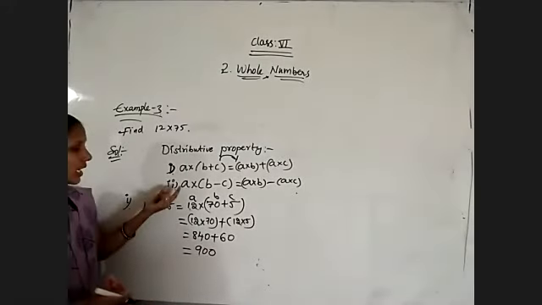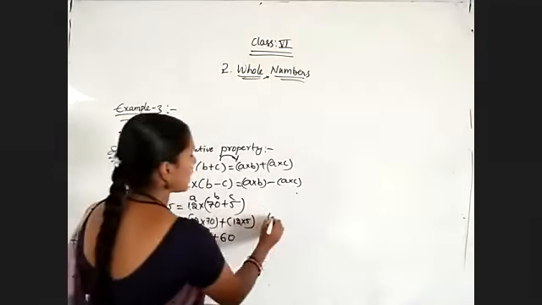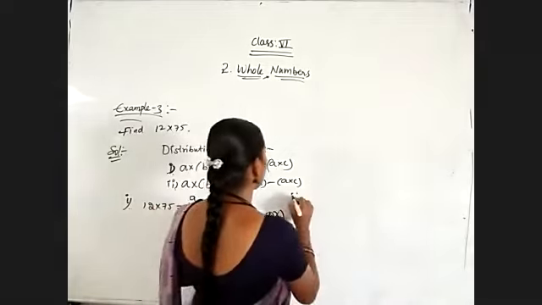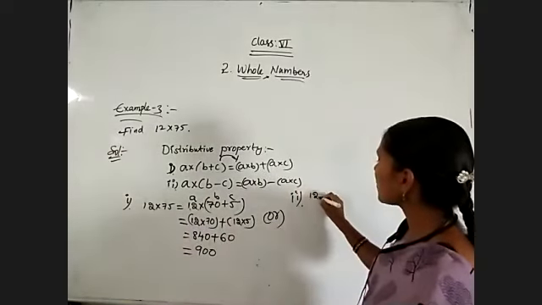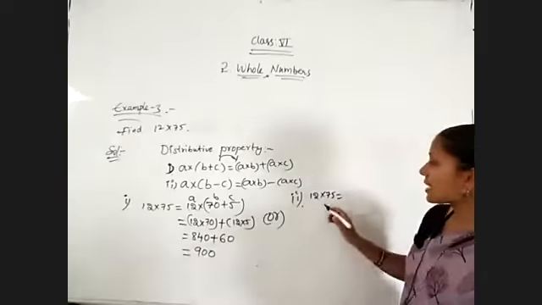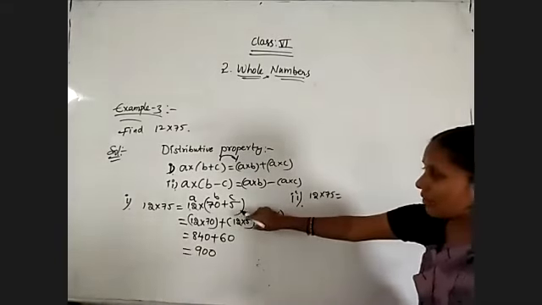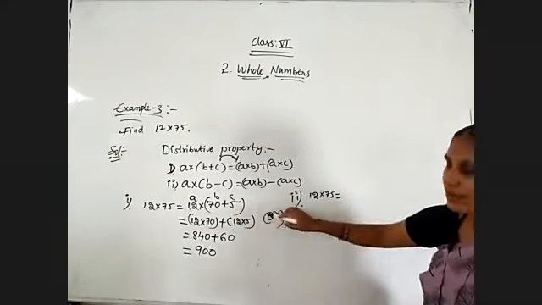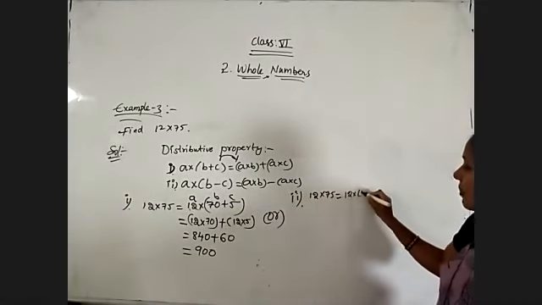The same question we can do in another way. By using the second condition, I'm writing 12 into 75, as I told you, 75 lies between 70 as well as 80. In the first I used 70 plus 5. Next, I am using 75 as 80 minus 5.